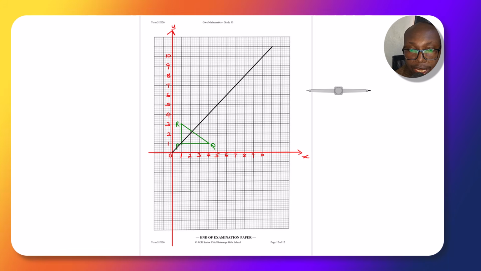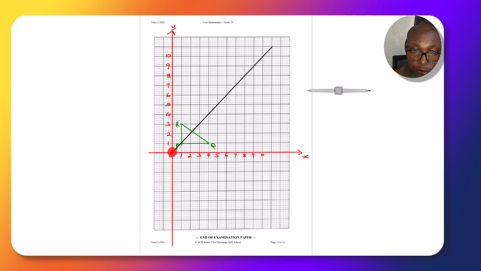Because we are enlarging by 2, we shall count 2 squares from O, or from the origin, that is (0, 0). So from origin to P, that represents enlargement by 1. So if you want enlargement by 2, which is double, we're going to add another 1 square.